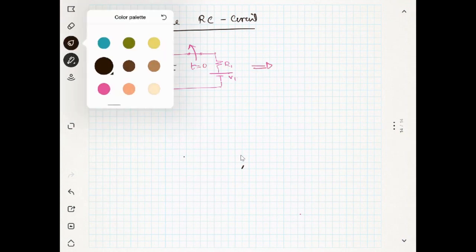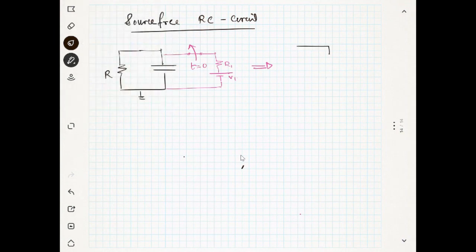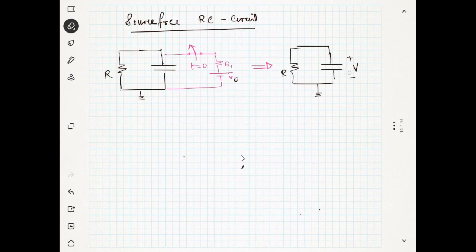Simply, you have a capacitor and a resistance, and we will have some initial voltage across this. Let's say this is V0. How much is the voltage across the capacitor? It will be V0, right?